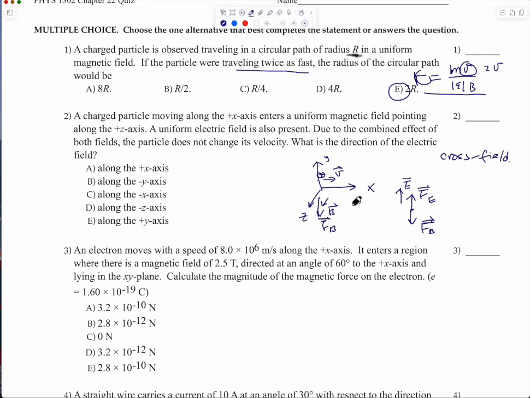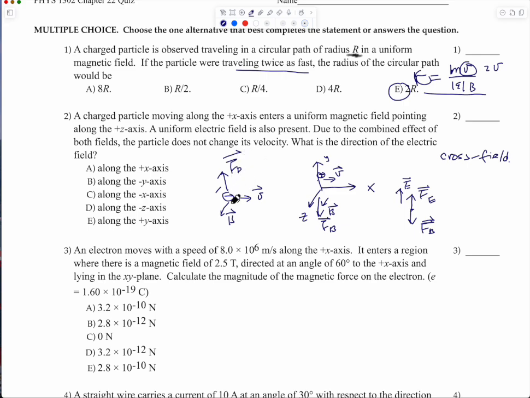Now if you consider a negative charge, based on the right-hand rule with velocity in the x direction and field in the z direction, just use your right hand, point to the velocity direction, sweep to the B direction. The magnetic force will be down from the right-hand rule, but since this is a negative charge, the magnetic force will be up.